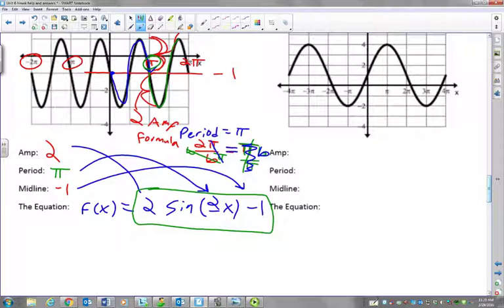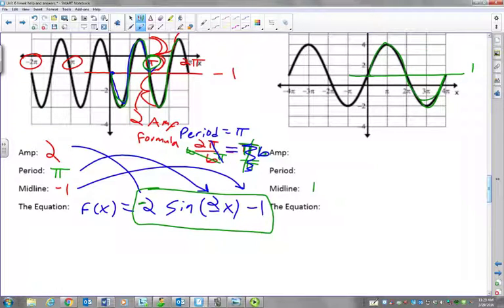Excellent. Except I did notice something else, and I don't know if you noticed it. Sine does go up and then down and then up again, and this one has a midline of just -1, doesn't it? But I did notice here that we actually start by going down. Does that mean something? It does mean something. It actually means that this function is negative.